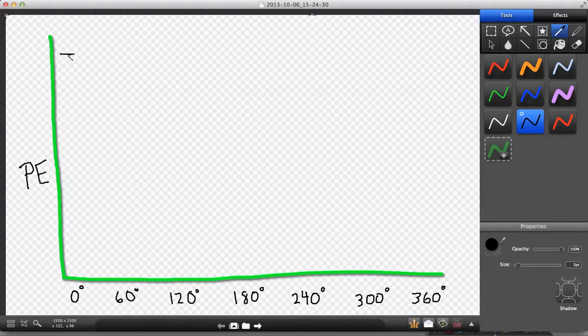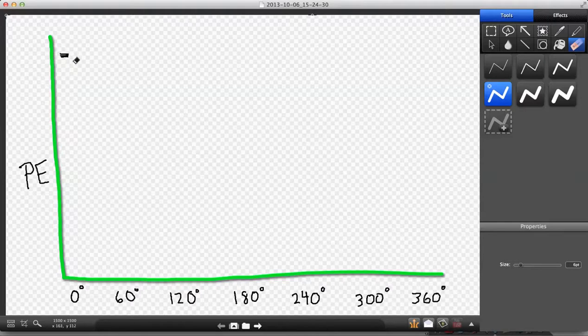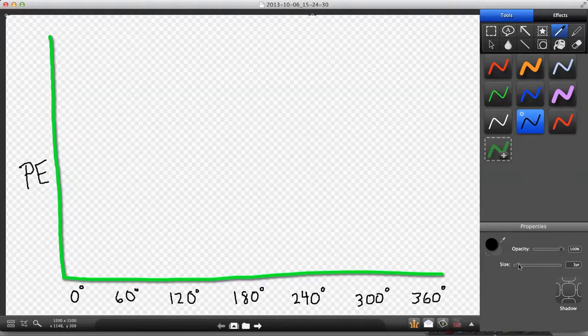So remember, 0 degrees and 360 degrees will be the highest in energy. 180 will be the lowest. 60 and 300 will be the second lowest. 120 and 240 will be the second highest.